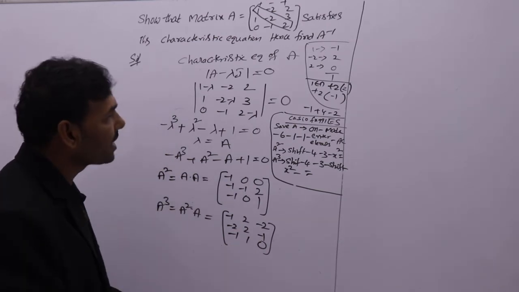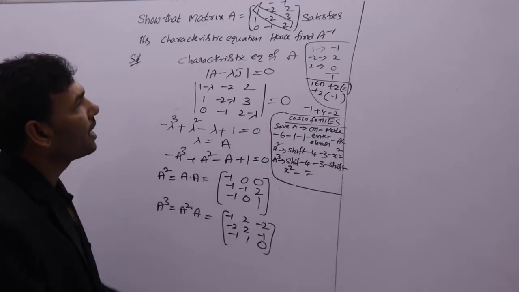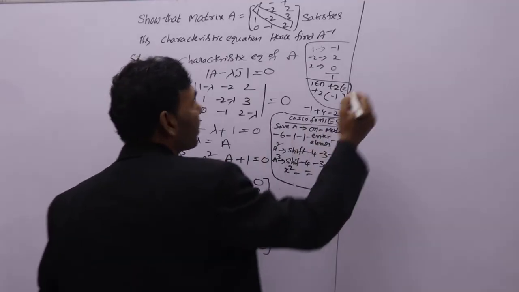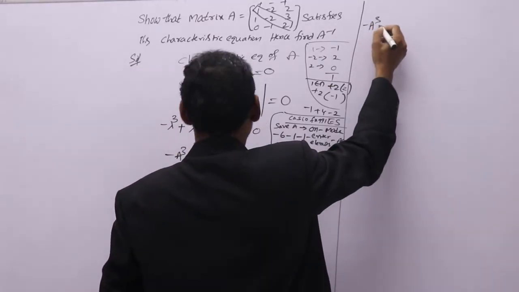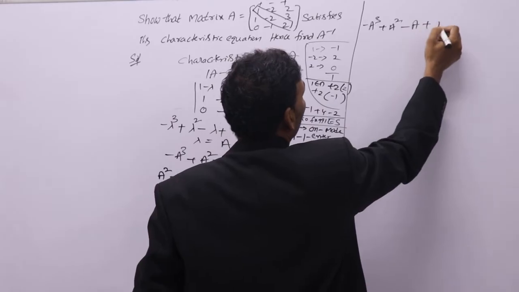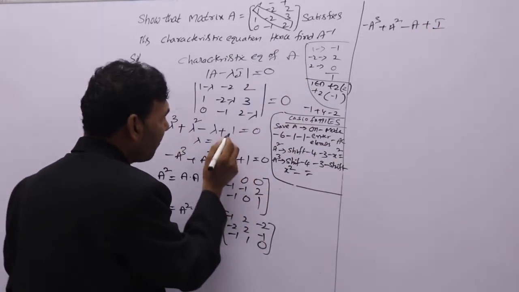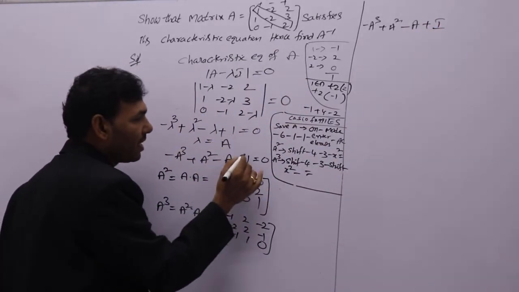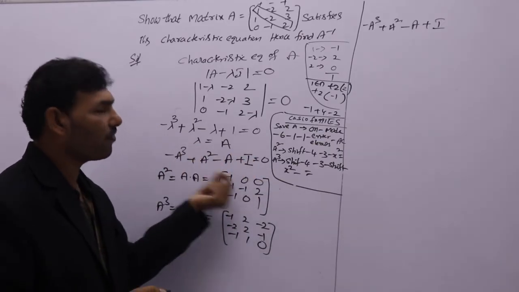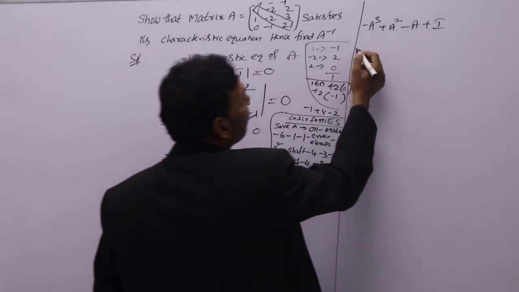After calculating A square and A cube, substitute these all in the characteristic equation in A. What is the characteristic equation in A? Minus A cube plus A square minus A plus I. Sorry, here whenever you have a constant, you need to write I. We cannot add one number to a matrix, that's why. Now, what is A cube?